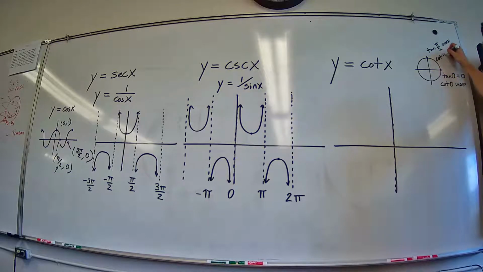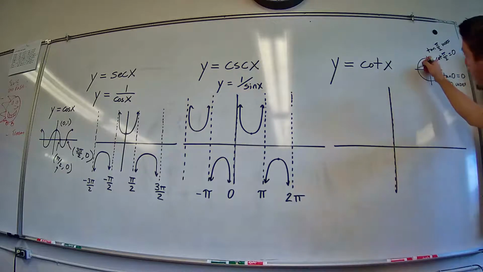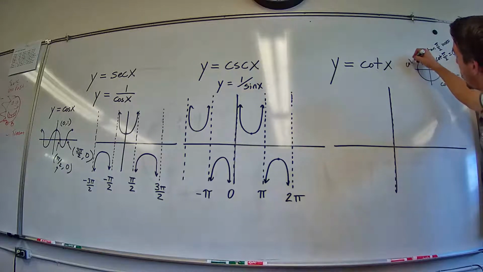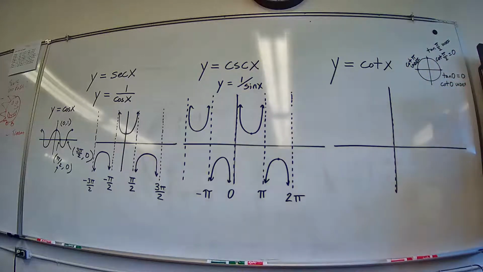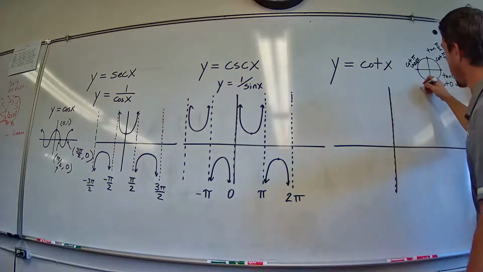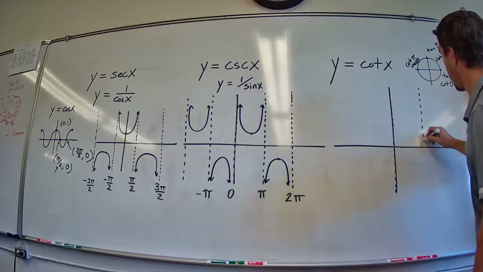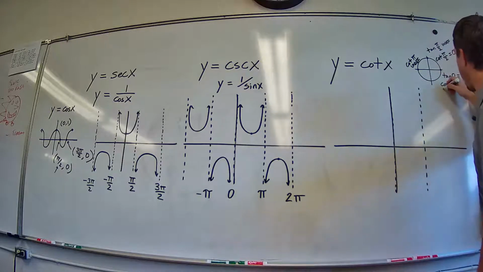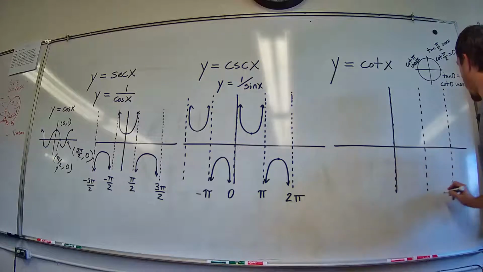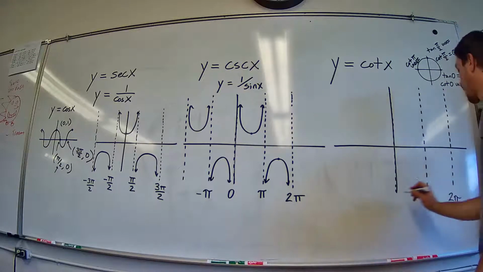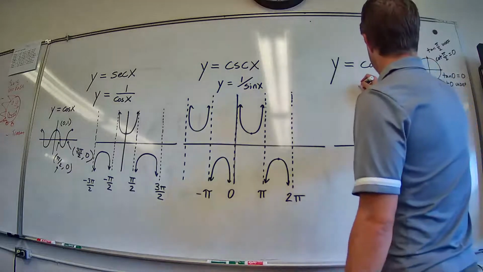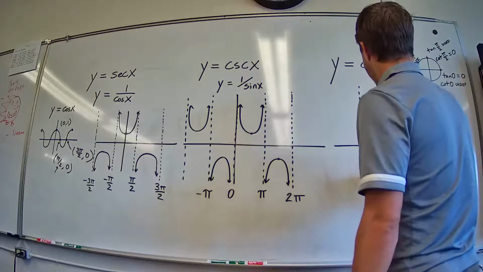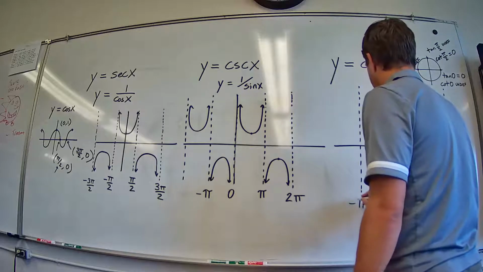So the cotangent of pi over 2 is going to be 0. And then over here at pi, the cotangent of pi is undefined. So my next asymptote is going to be at pi, and then 2 pi. Any questions yet? Anyone?